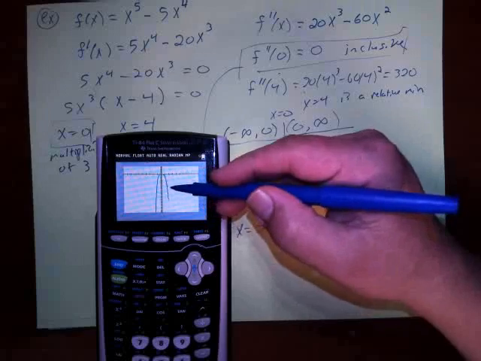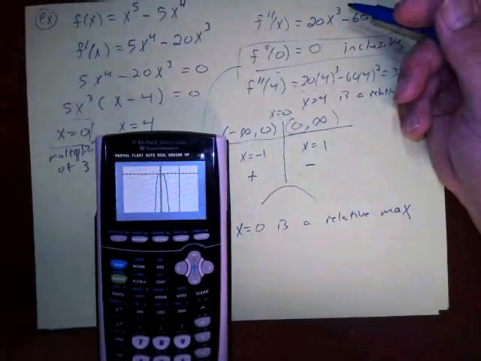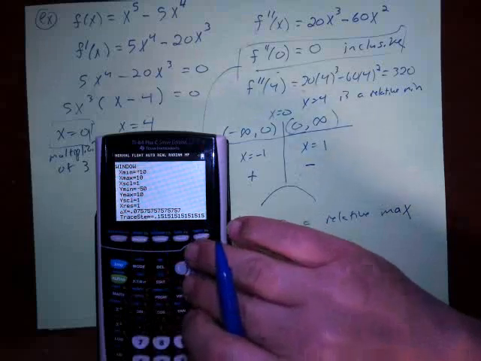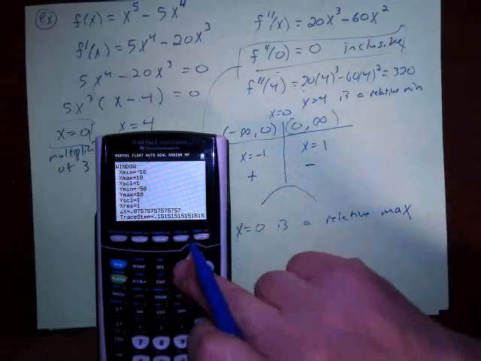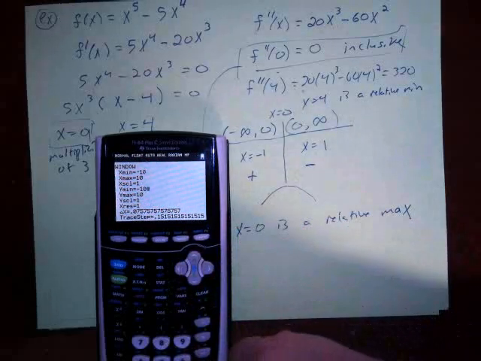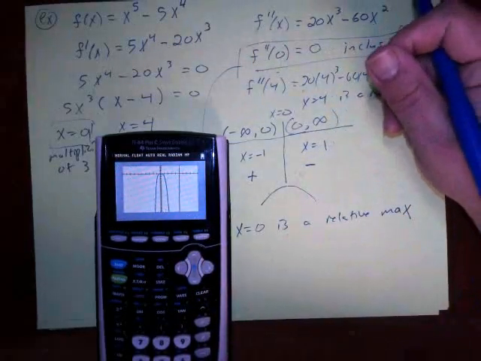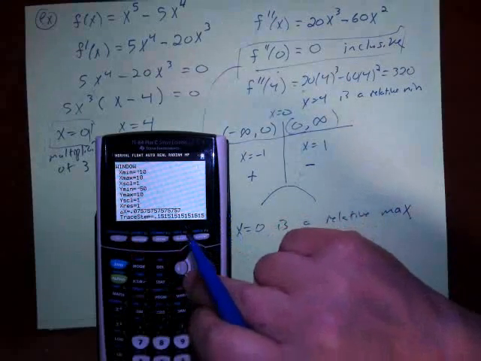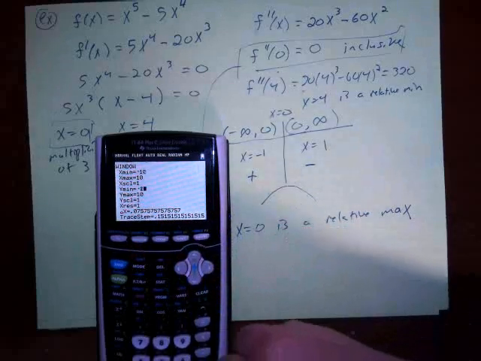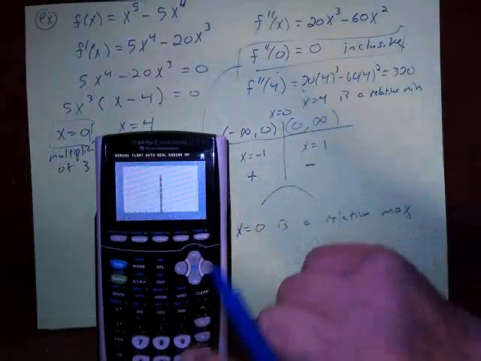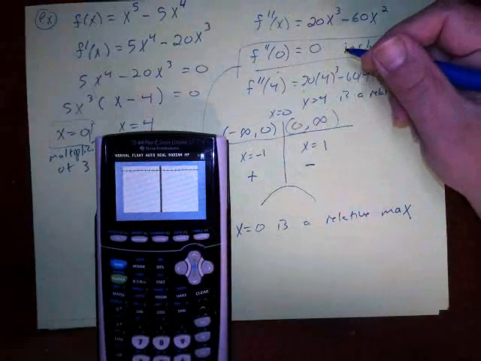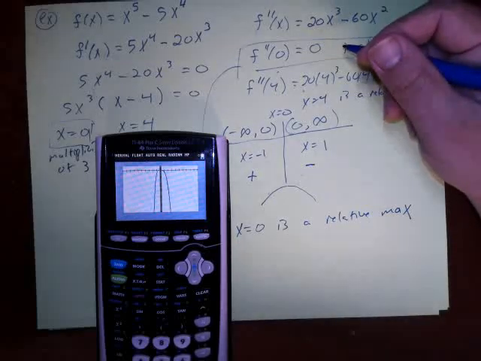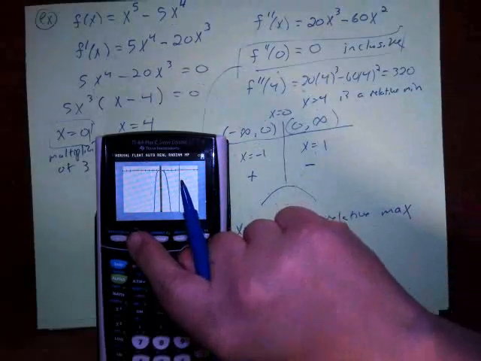So you're going up. Oh, it still doesn't give it to me. Okay, I'm going to change my window again then. And we'll change this to -100. Ooh, it still doesn't give it to me.